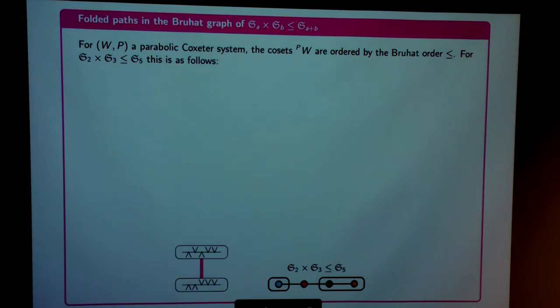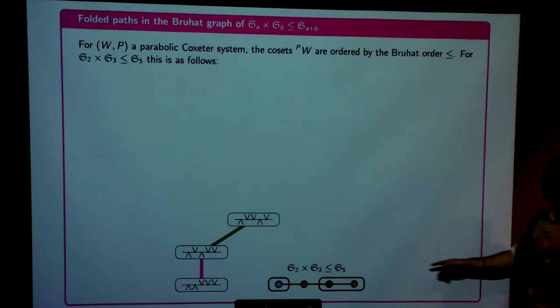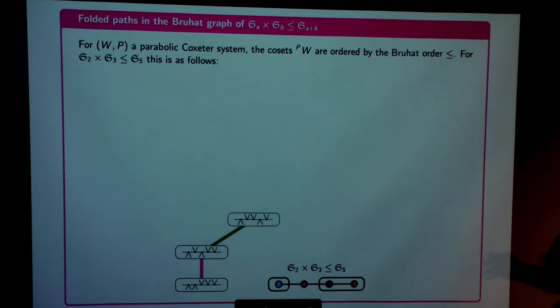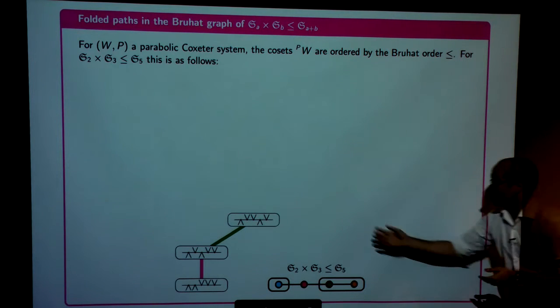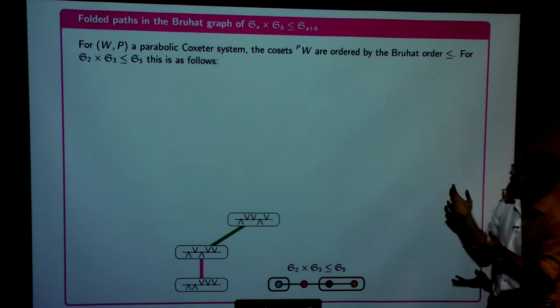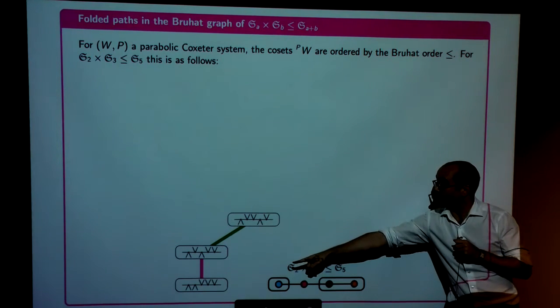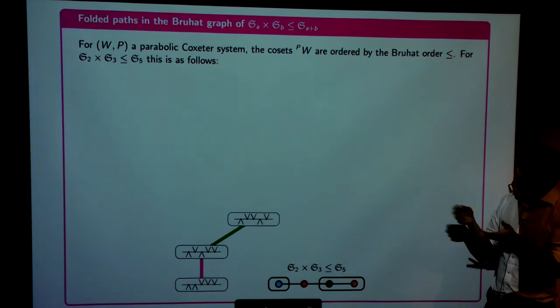And so I can diagrammatically construct the cosets graph of this guy using reflections coming from the Coxeter system. I use the colors to record what reflection I've used. So here, if I use 2, 3 to swap the second and third things, I draw a pink line.